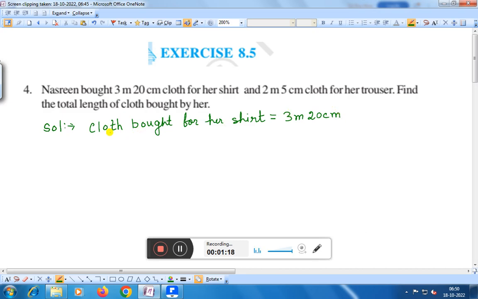Right? And cloth bought for her trouser is equal to 2 meter 5 centimeter.